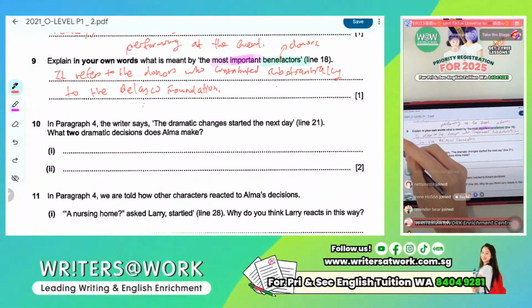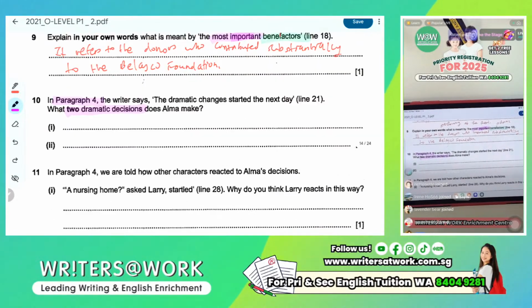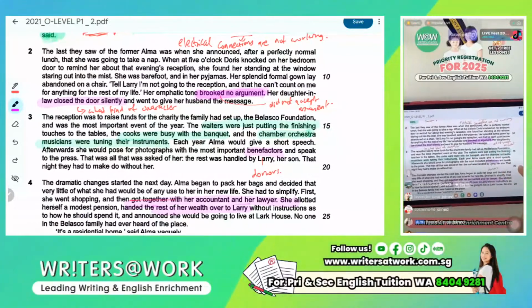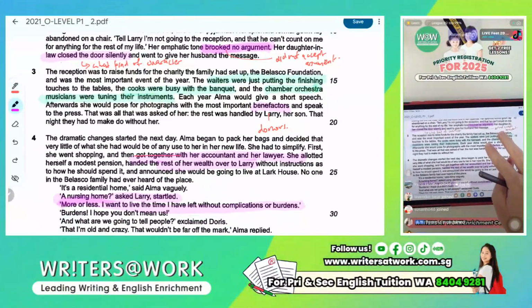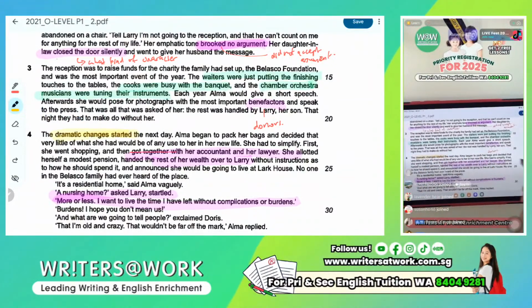Okay, so this is also a very straightforward question. It tells you to just look at the paragraph and quote two dramatic decisions that Alma made. So if you look at our text here, they already tell you from the get go. Dramatic changes started.